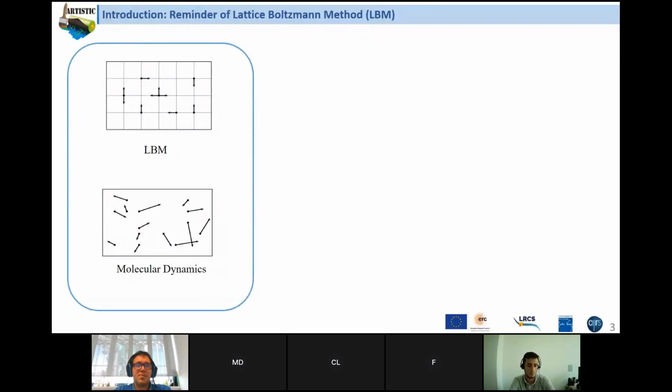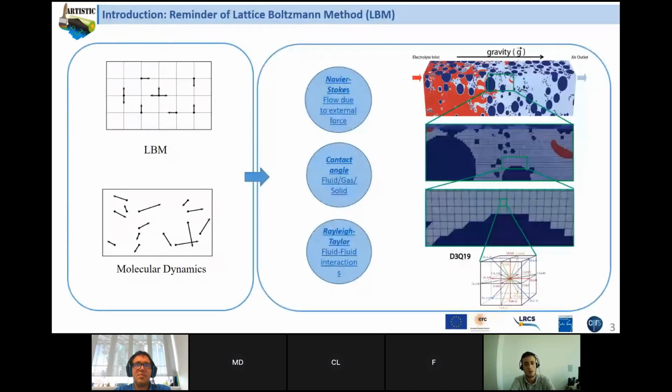And the interesting part of the Lattice Boltzmann method is that it's multi-physics, so it combines many different physics, such as the Navier-Stokes equation for the mesoscopic fluid flow due to applied external forces, but it also considers gas, fluid, and solid interactions in terms of the contact angles with respect to the solid phases. And also, it resolves Rayleigh-Taylor equations to account for fluid-fluid interactions in the interfaces between fluids of different densities.